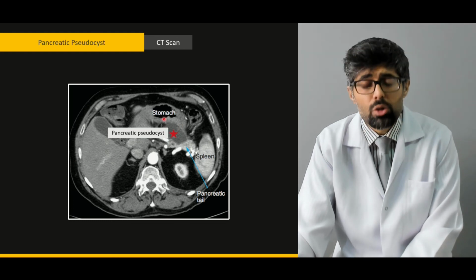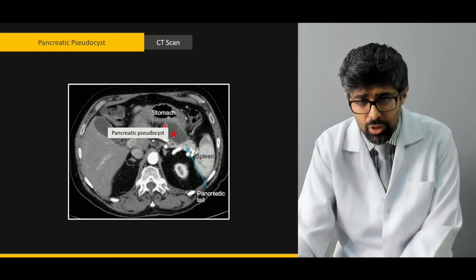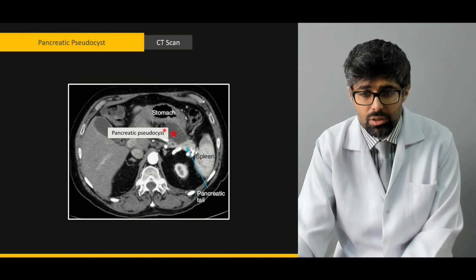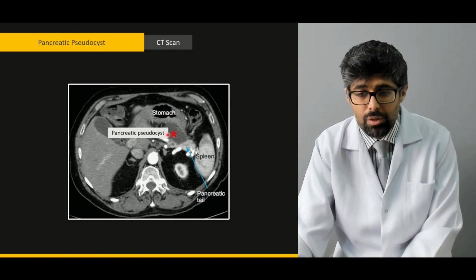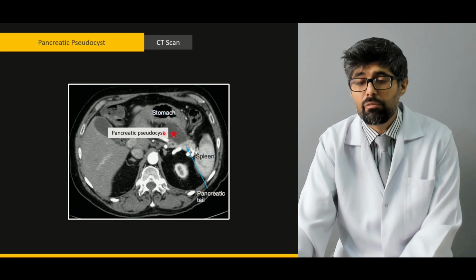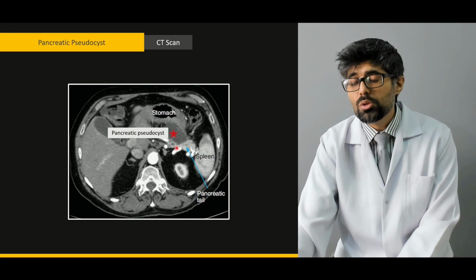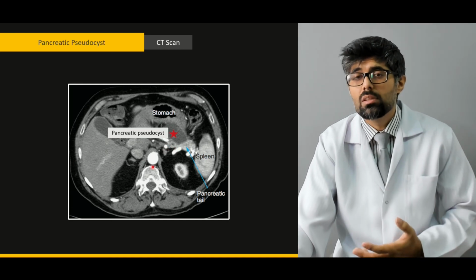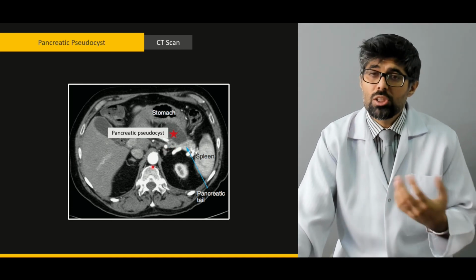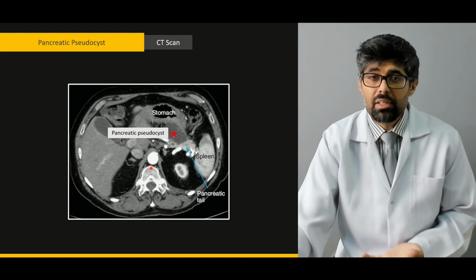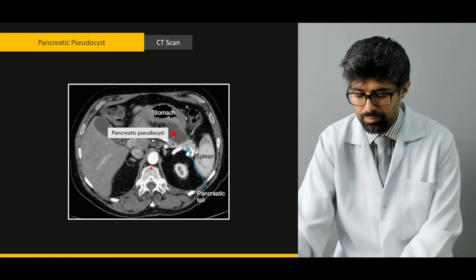This is not a true cyst because it does not have clear borders. There is only fluid that is present because of the inflammation due to acute pancreatitis. And this pseudocyst can sometimes give non-specific issues, unexplained symptomatology.